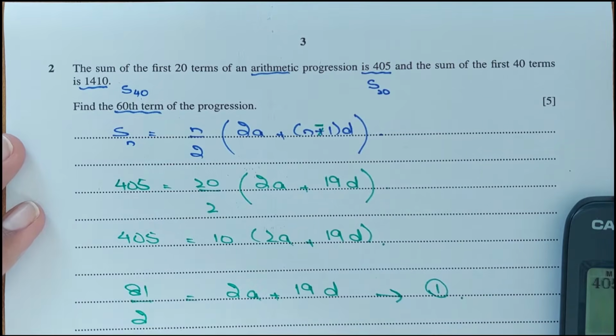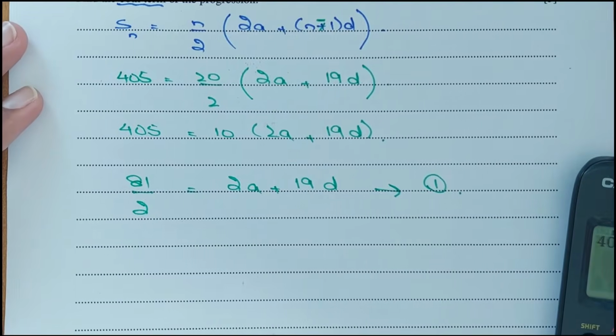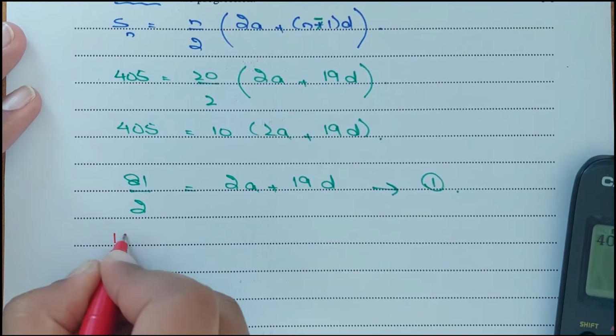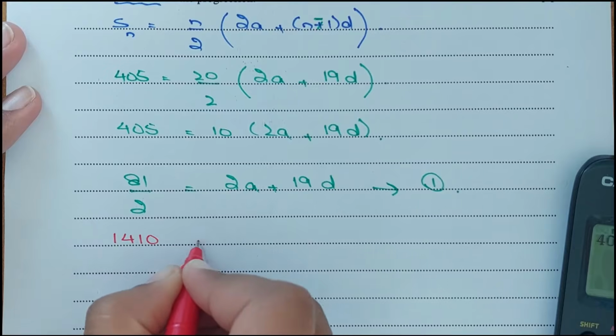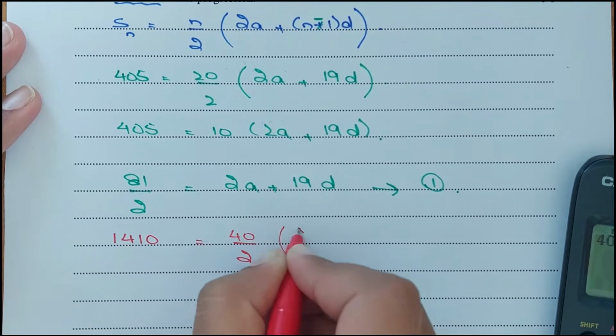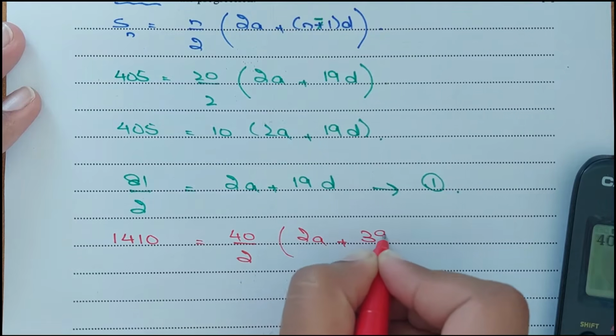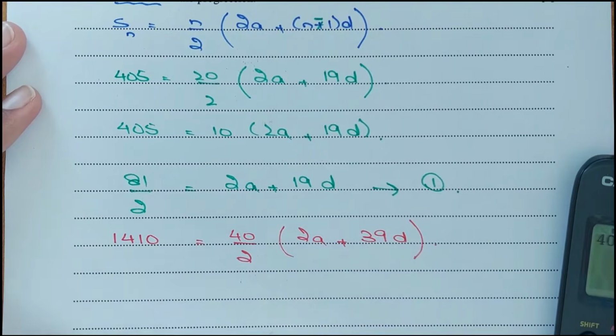Now the second is S40, so let me solve for the second equation. S40 is 1410, which equals 40/2 times (2a plus (40 minus 1) d, which is 39d). 1410 equals 20 times (2a plus 39d).